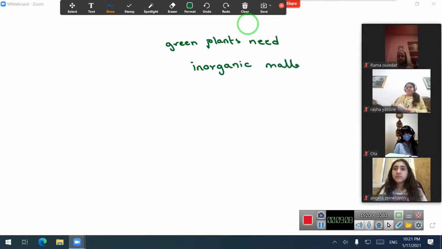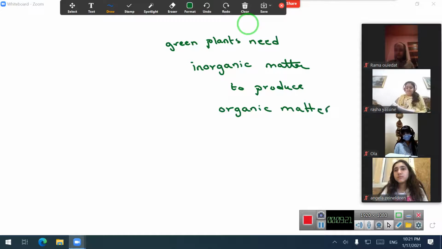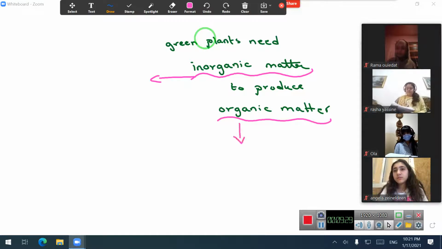Inorganic matter to produce organic matter. So before I continue, you have to mention what is inorganic matter and what organic matter refers to.